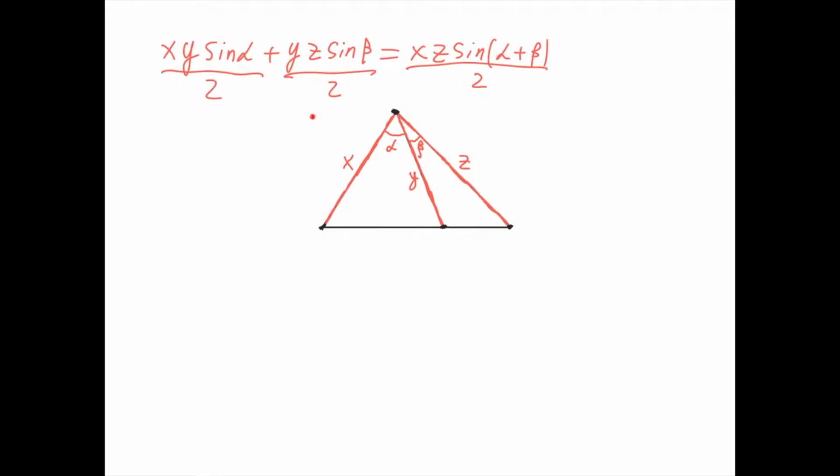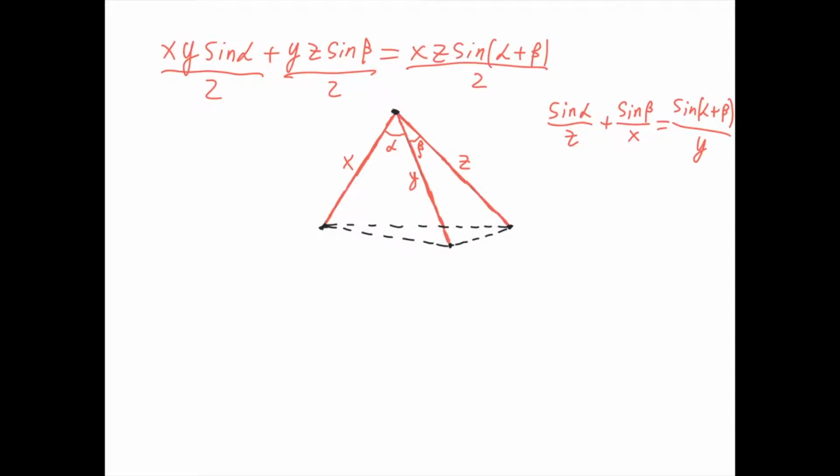Now taking this equation, multiplying it by 2 to cancel out all the 2's in the denominator, and dividing it by x, y, z, we get sine of alpha divided by z plus sine of beta divided by x equals sine of alpha plus beta divided by y. And this here is the relationship between x, y, z, sine of alpha, sine of beta, and sine of alpha plus beta, which would tell us whether these 3 points lie on the straight line.